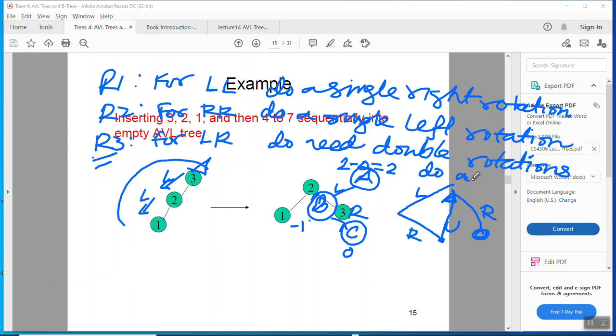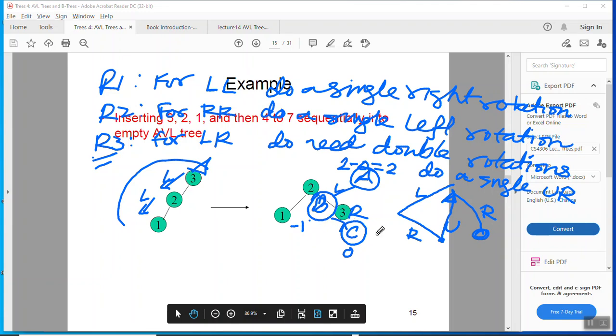Do a single rotation. U means up and R means right rotation. So then what will be going over here? See that.